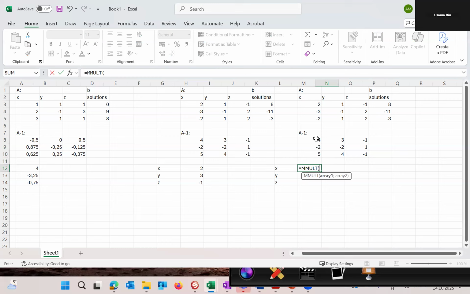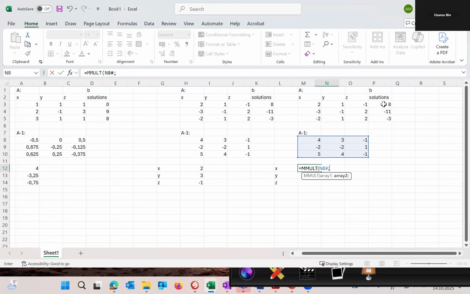So I multiply this, the inverse, and now somehow something went wrong. I'll try again because I don't know why it did like that. Yes, maybe it's fine. Why does it mark it like that? I don't know.